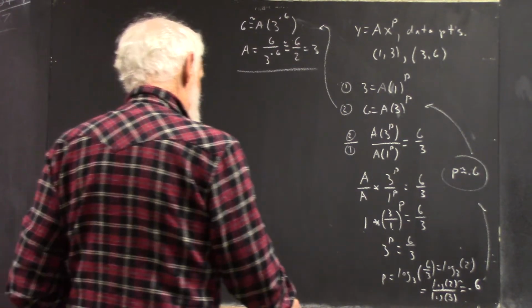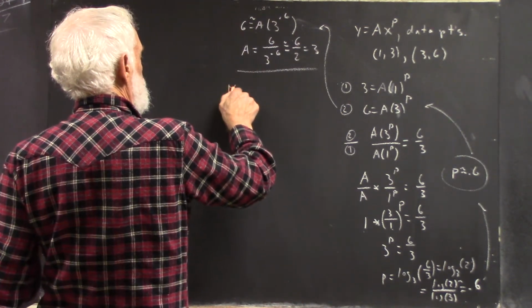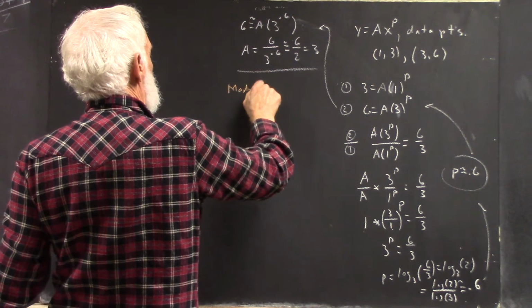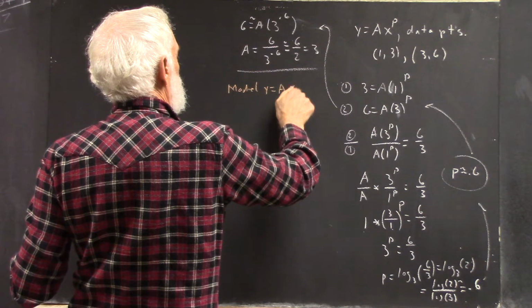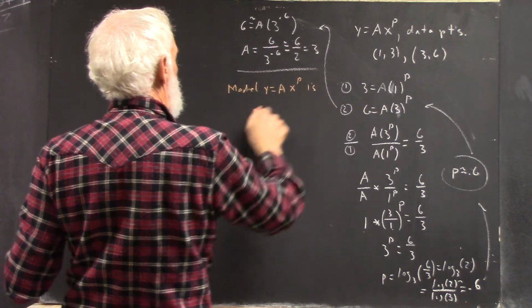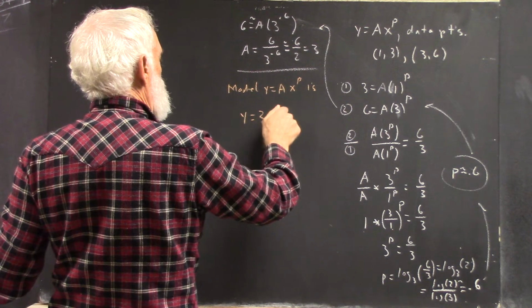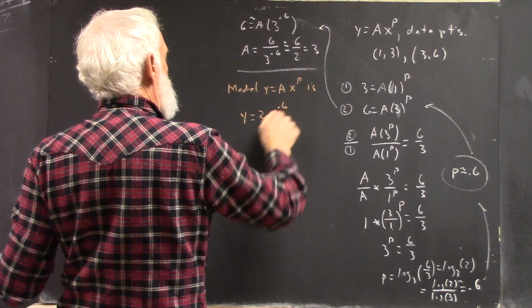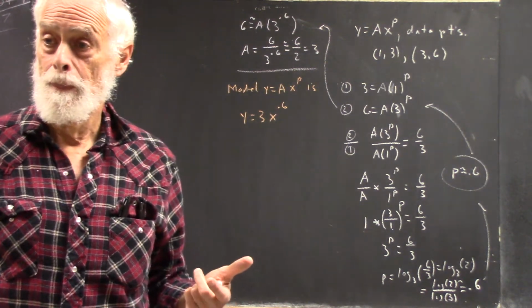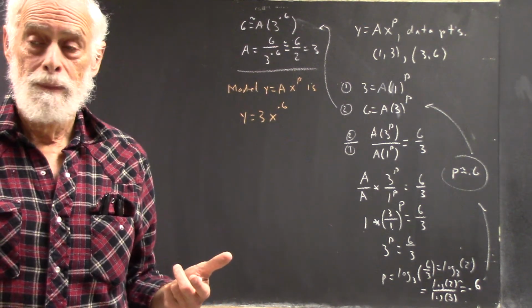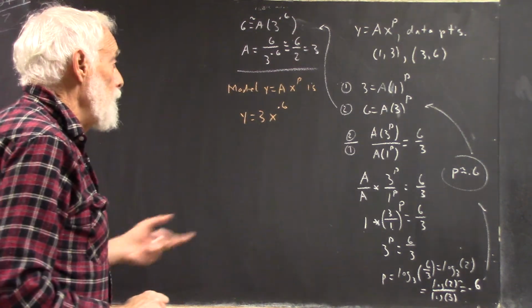You finish it by writing the model. So it's something like y equals 3x to the 0.6. Okay? Then you check your points.